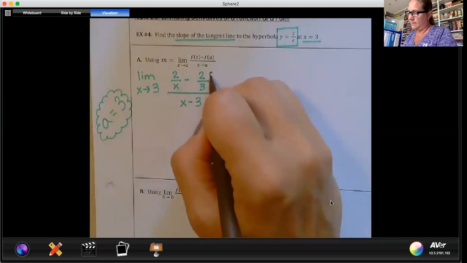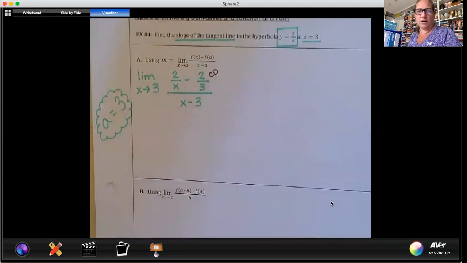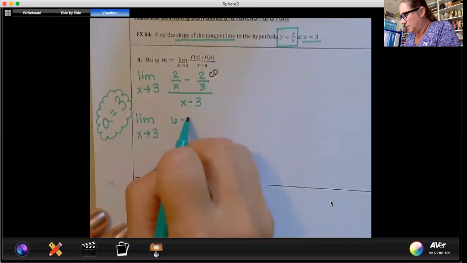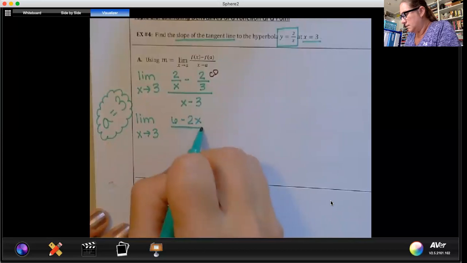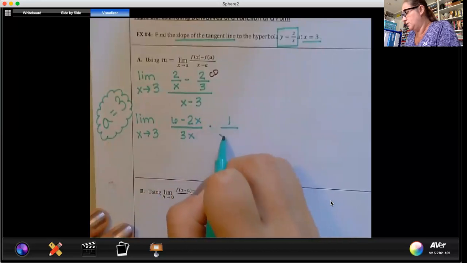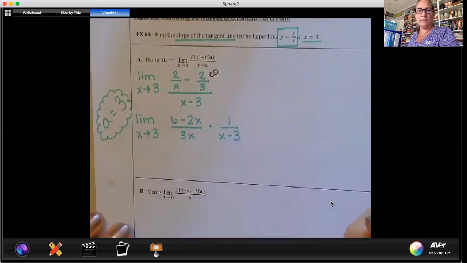You will need a common denominator. Don't forget cross, cross, across. So the limit as x approaches 3 of 6 minus 2x over 3x times the reciprocal of the denominator, 1 over x minus 3.